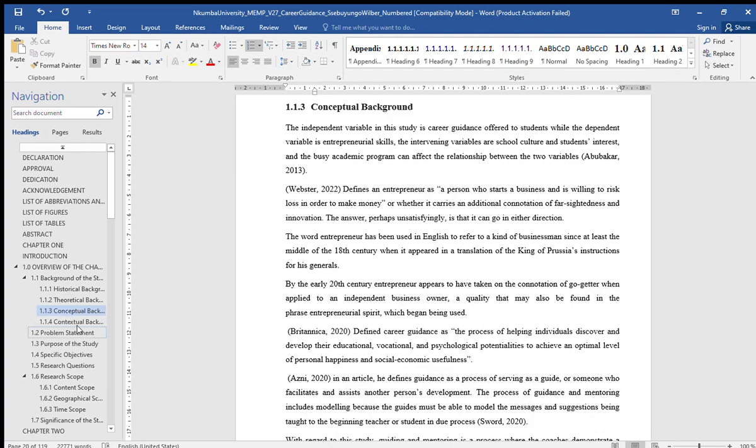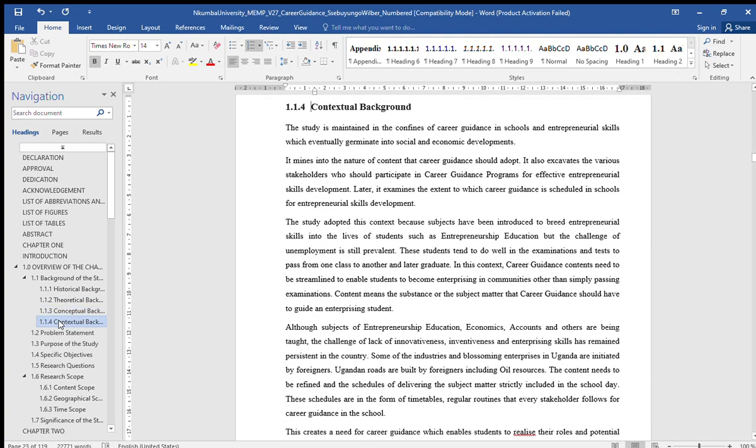That is conceptual, from the word concept. Then after, you have contextual background, from the word context. Now all these are sub backgrounds, so they are under background of the study.